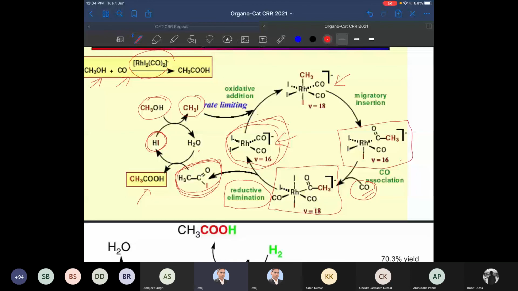Yeah, I was in the middle. You get back to your catalyst, and then your CH3COI undergoes hydrolysis, and you get your acetic acid and hydrogen iodide and water. Did you get it, or do you have any doubts? It's a kind of a disturbance in the middle.